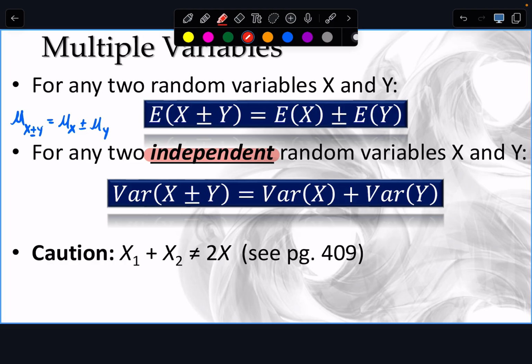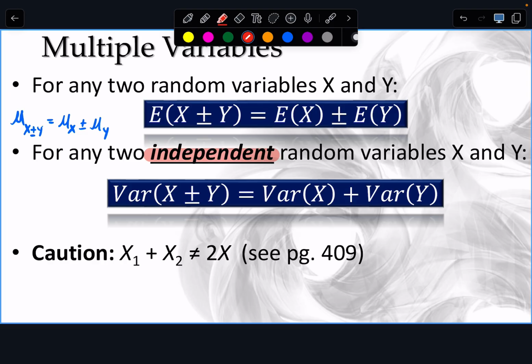So the means combine like we would expect. I add the variables, I add the means, subtract the variables, subtract the means, but standard deviations do not directly combine. The variances are what combine when we have these random variables. So I have to convert my standard deviations into variance.